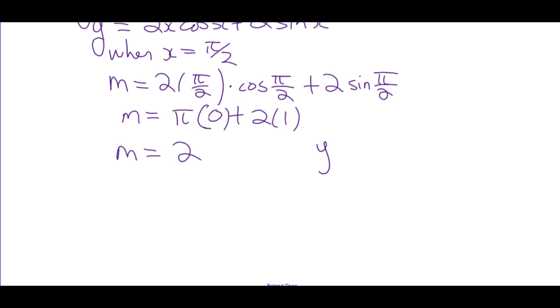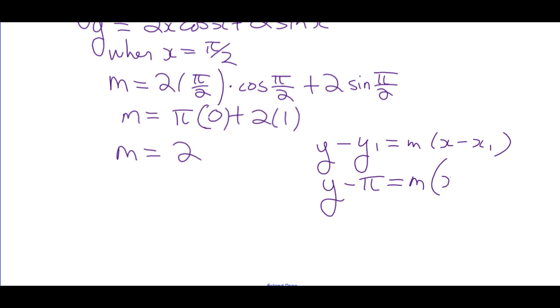Whatever you like. So y, and what do we get? y minus pi is m. M is 2. Or maybe you like y equals mx plus b and you solve for b and put it back in, or maybe you like y minus y1 equals m times x minus x1, whatever.